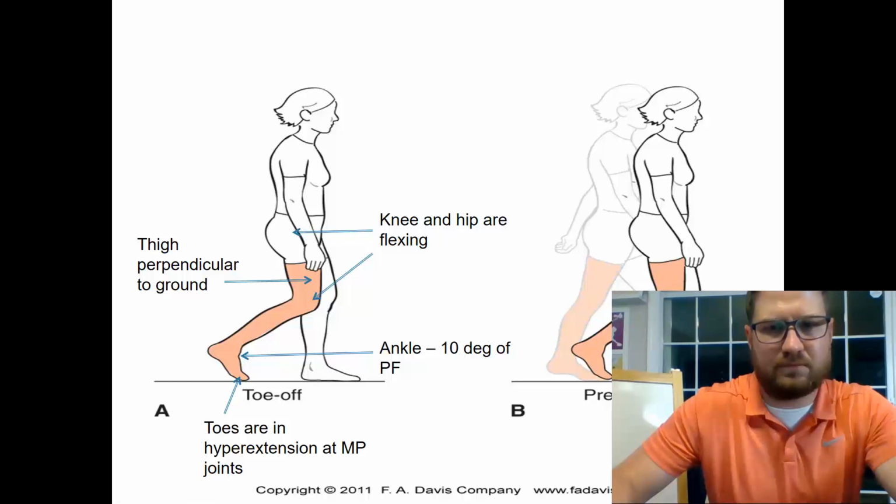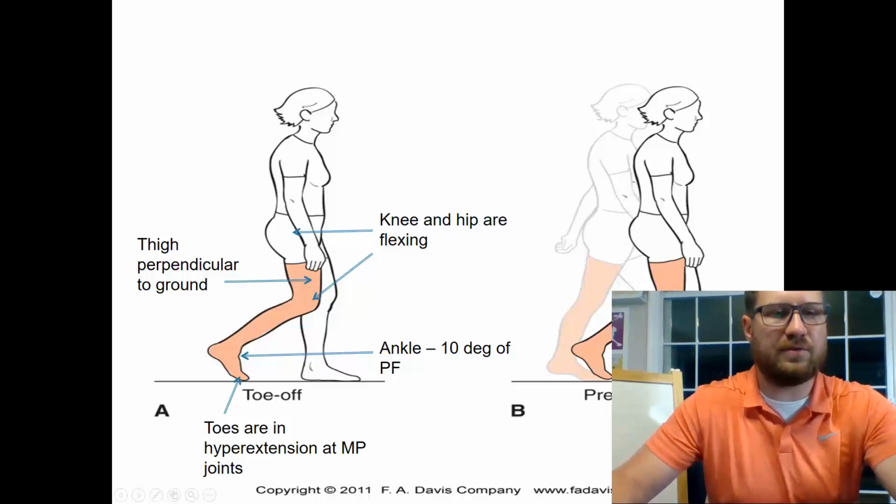Okay. So the RLA, the Rancho Los Amigos description, shows it really nicely how we're going from heel off to initial contact on our contralateral foot.